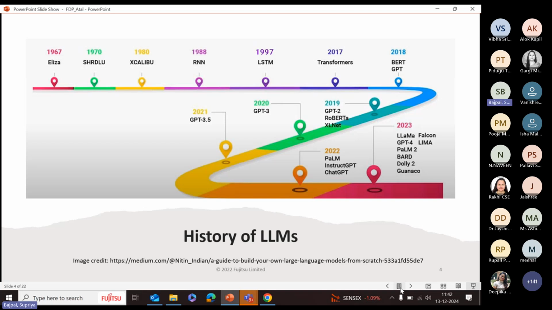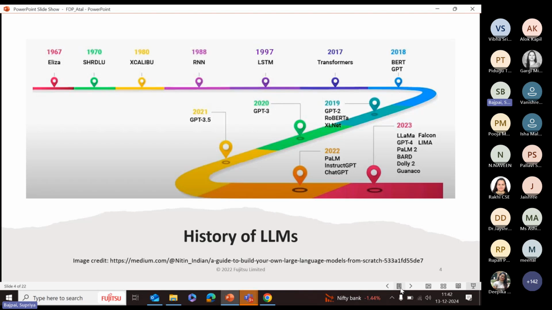But then in 2017, everything changed with the transformer model, introduced by Google. Unlike RNNs and LSTMs, transformers did not process text one word at a time. Instead, they process the entire sequence or even large paragraphs in parallel. This made them faster and better at capturing complex relationships between words.